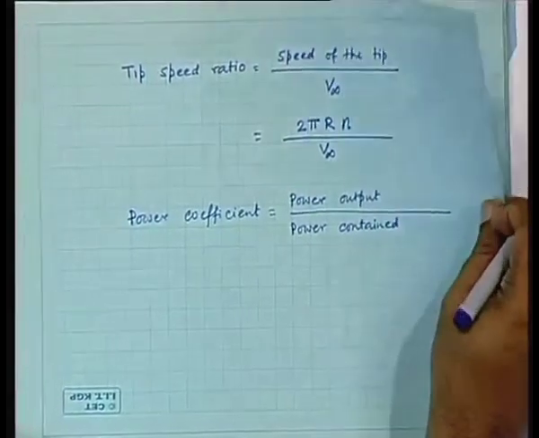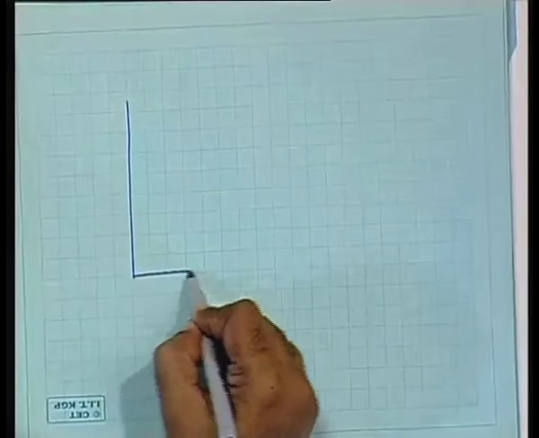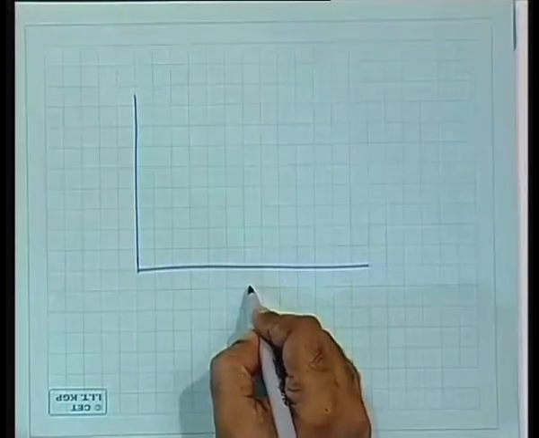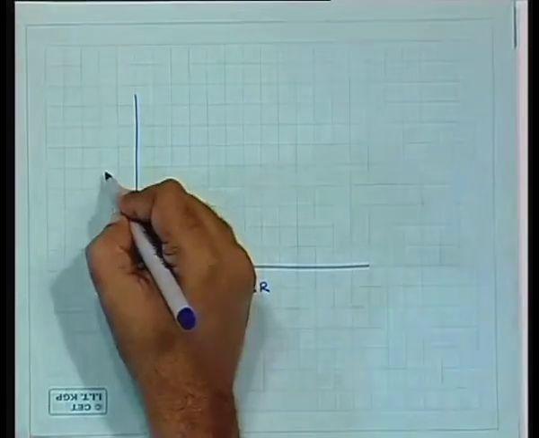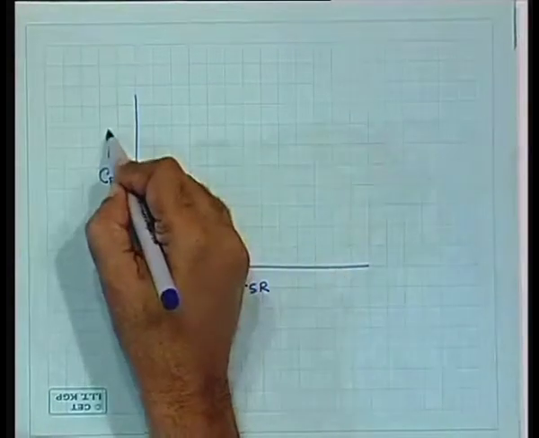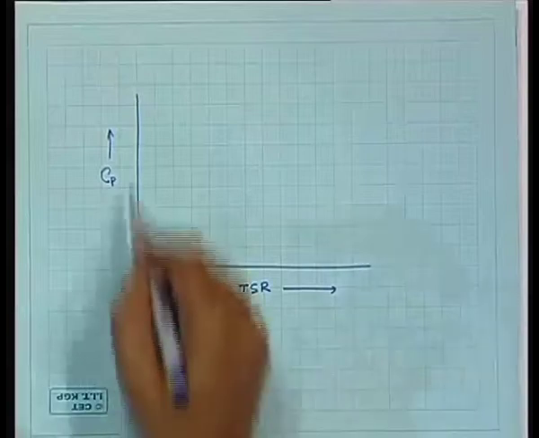And the graph would be something like this. So this is the tip speed ratio, TSR, in the x-axis, and the power coefficient Cp in the y-axis. What is the maximum Cp?